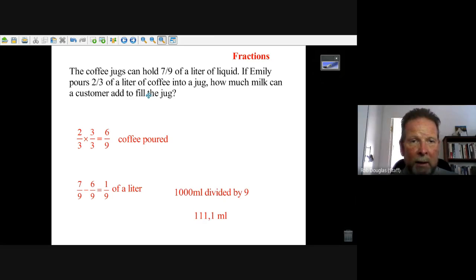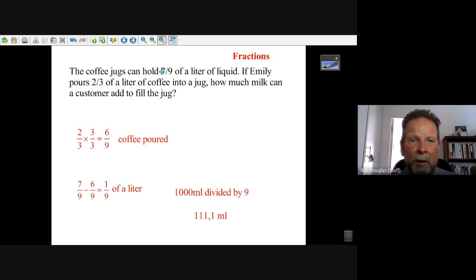Well, the 2/3 of a liter, let's figure if we multiply 2/3, the top and bottom, by 3, that's the same as 6/9. So 6/9 of the jug is the coffee that is poured.